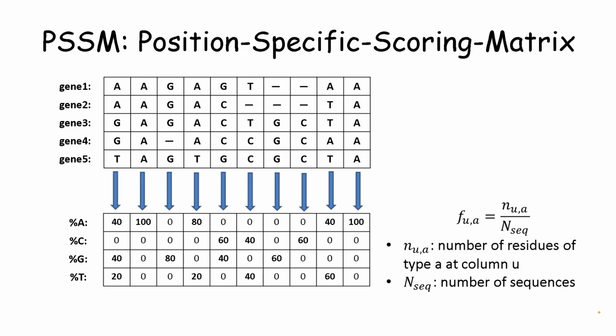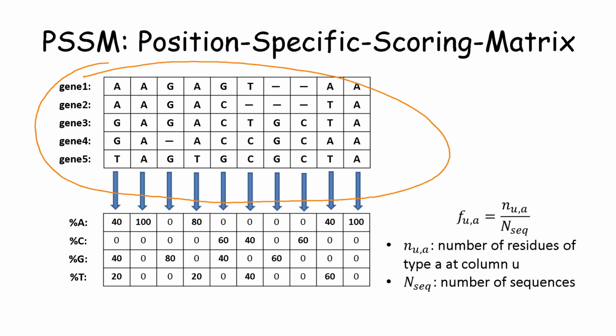A position-specific scoring matrix is one of the most common methods for extracting a profile from a multiple sequence alignment, and it also serves as a starting point for other sequence profile representations. Given a multiple alignment, a position-specific scoring matrix can be calculated as the frequency of each type of residue within each column of the alignment.